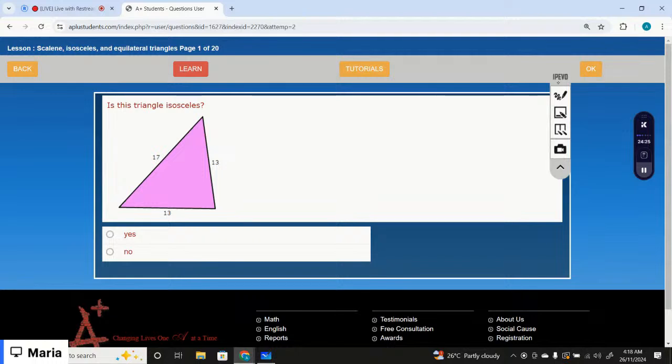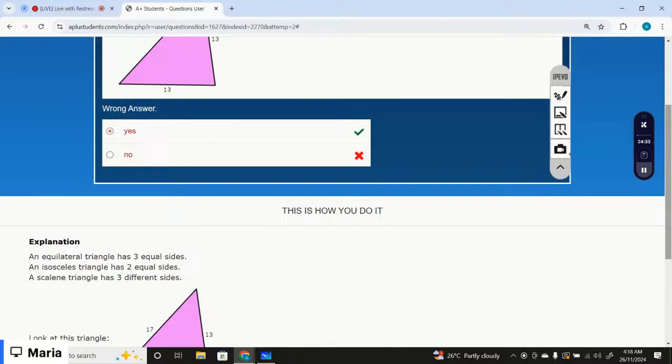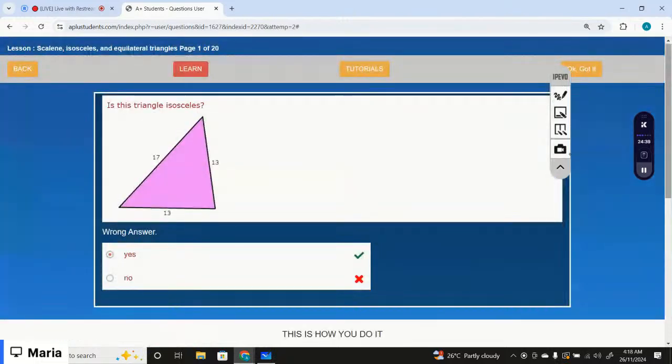So the correct option is no, that is not the isosceles triangle. Option number 2 is the correct option. An isosceles triangle has two sides equal, an equilateral triangle has three. Yes, that is the isosceles triangle. Two of the sides are equal in measurement.